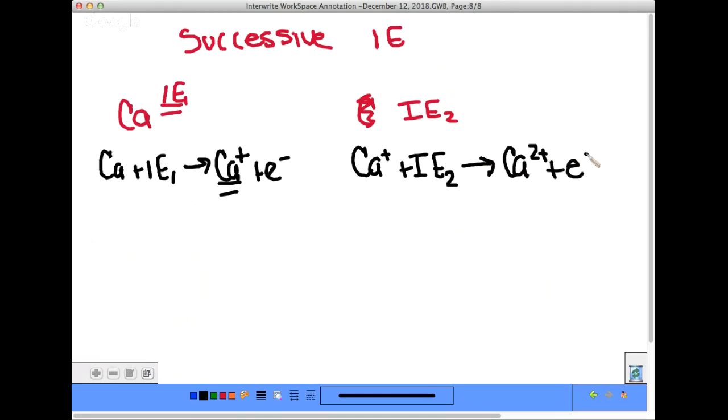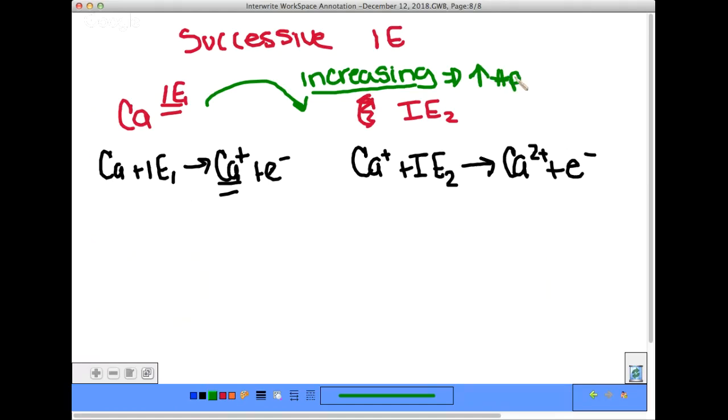Notice that my charge keeps increasing. Now, going from ionization energy 1 to ionization energy number 2, the amount of energy is increasing. They always increase as we go, because by removing an electron, we now have an increased number of protons compared to electrons.